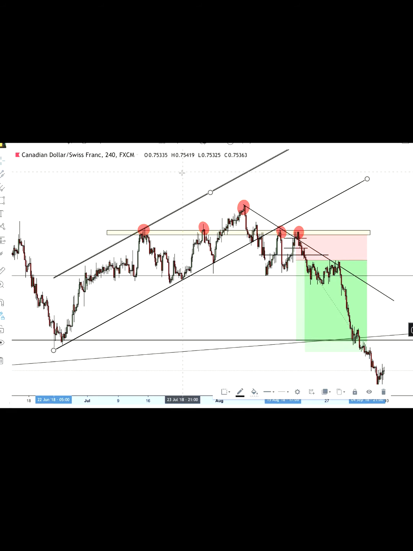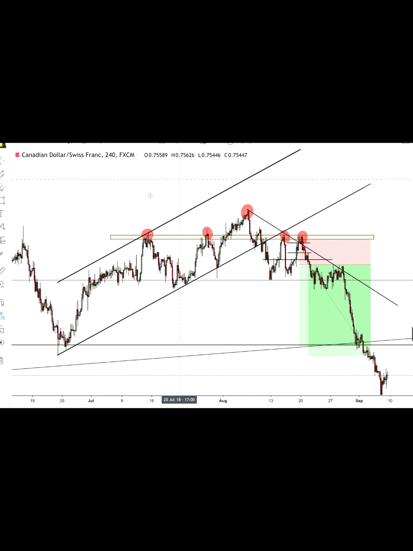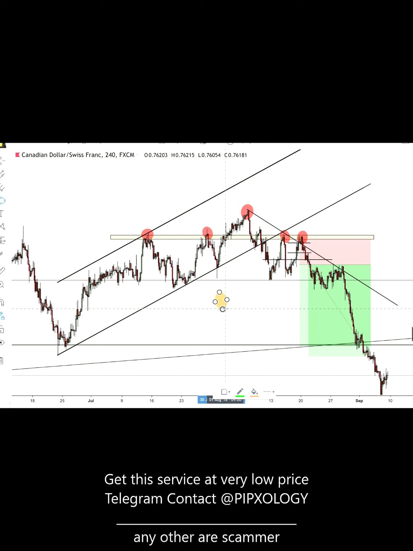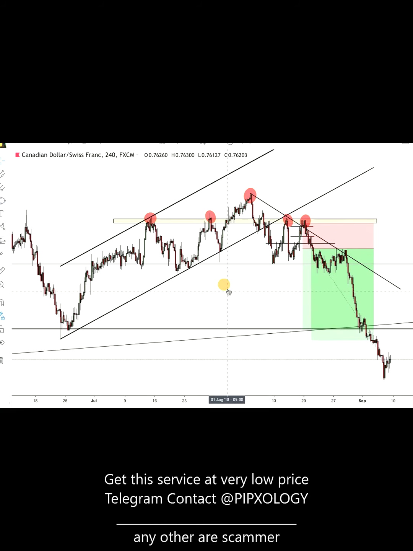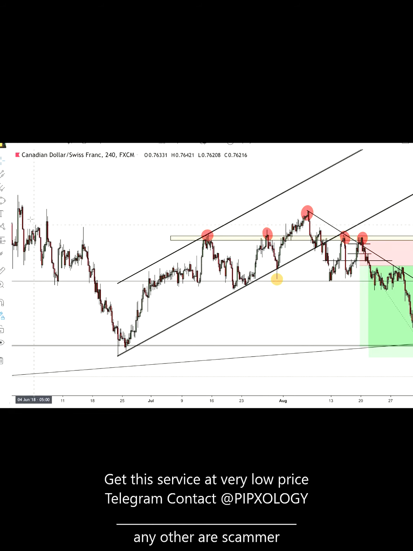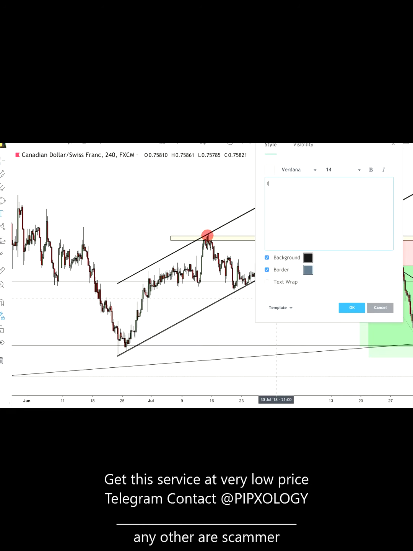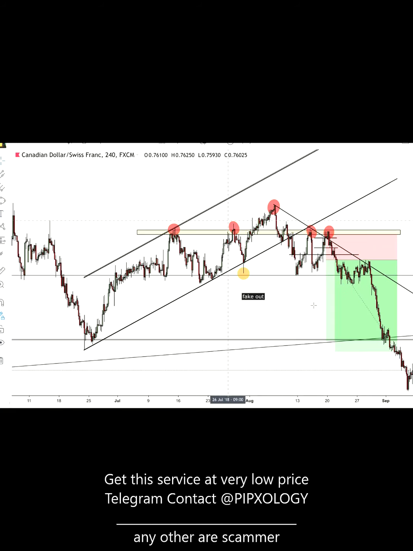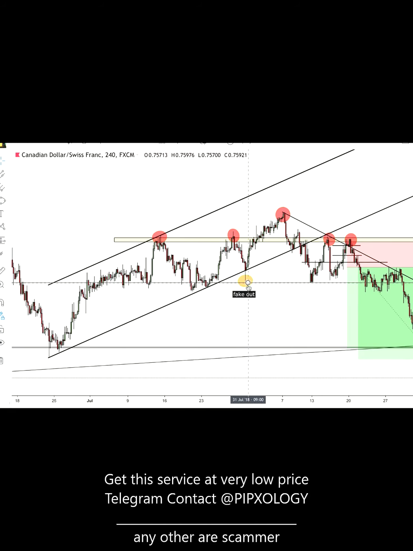I'm going to give a little secret out. You want to know the reason why you don't draw it from here? Because we're on the 4 hour, and this is a fake out. Whenever you see this in the market, on the 4 hour or 1 hour time frame, you do not want to be drawing your lines from these kind of wicks.